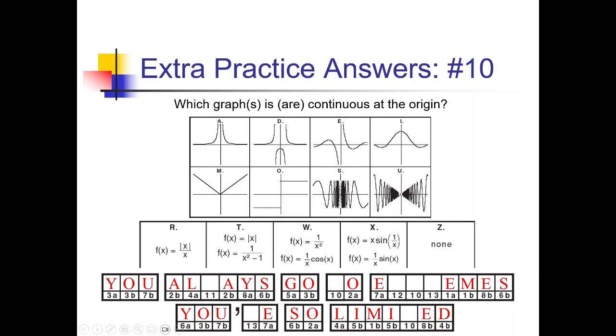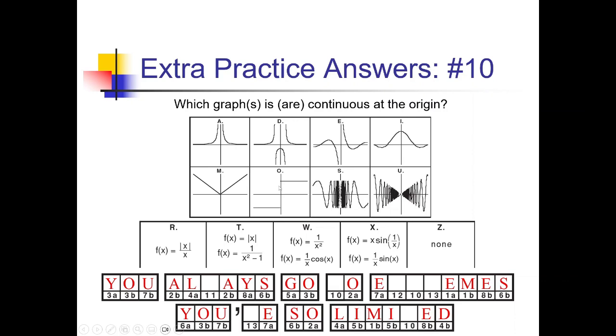A is not. D looks like it's continuous at the origin. E, not so much. I looks like it's continuous, but this is one where we saw there was actually a hole. This was the 1 over x sine of x, so that's actually not going to work out. And then let's see here. We've got M looks continuous. That's the absolute value.